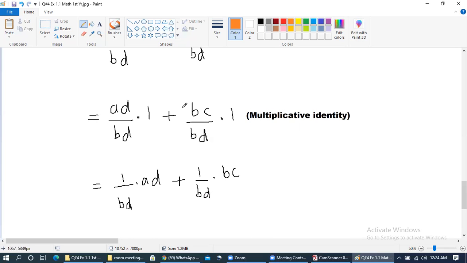Why have we done this step? Because since this is written here, BC multiplied by 1, BC multiplied by 1 can be written as 1 multiplied by BC. So we can change the arrangement. That's why in the next step we have changed this arrangement. You must keep it in mind.